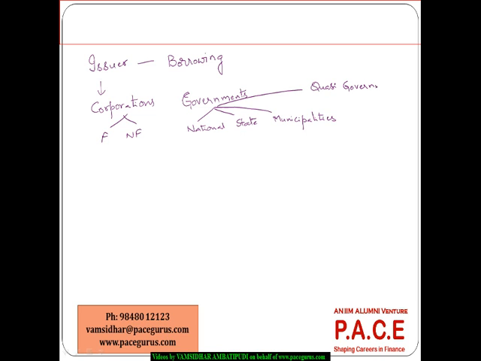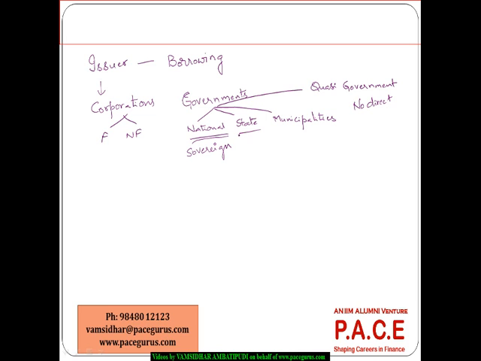Some government agencies where the government does not have a direct obligation to repay. Whereas here, the national government is obligated to pay. Typically, we call them sovereign bonds.